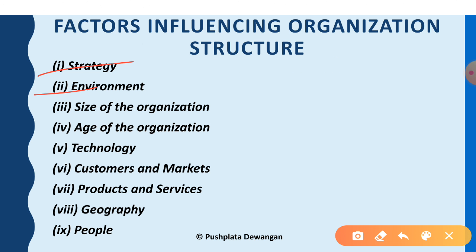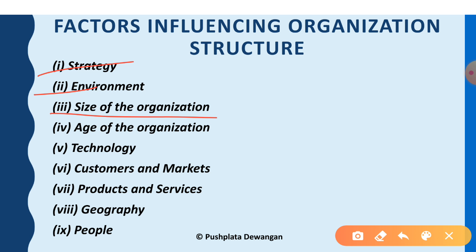Next is environment. Environment has an impact on decision making, specifically difficulty in making decisions in an uncertain and unpredictable environment. Similarly, the stability and predictability of the environment has a direct bearing on the ability of the organization to function effectively.